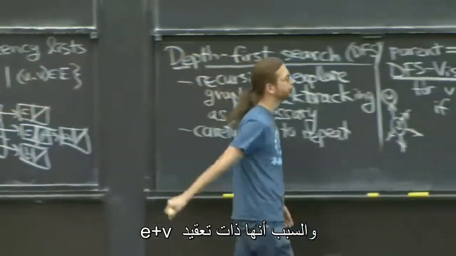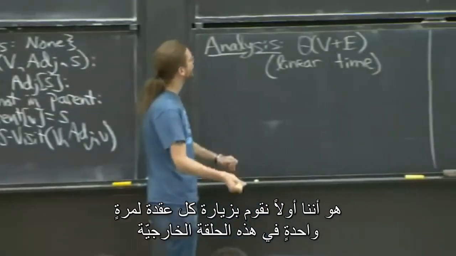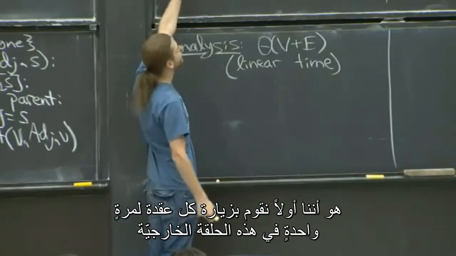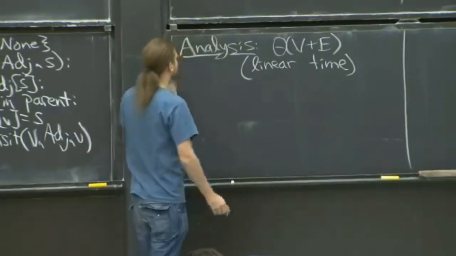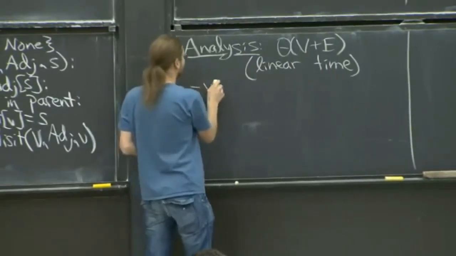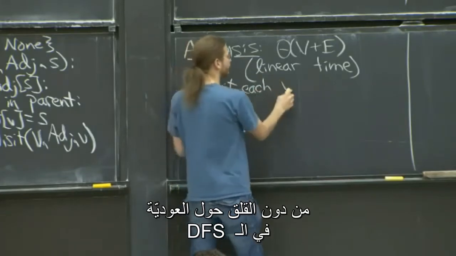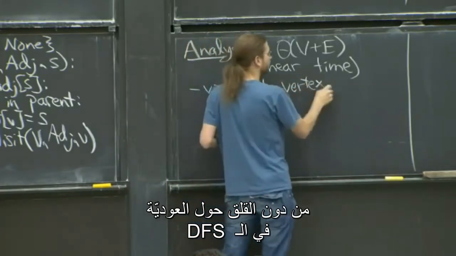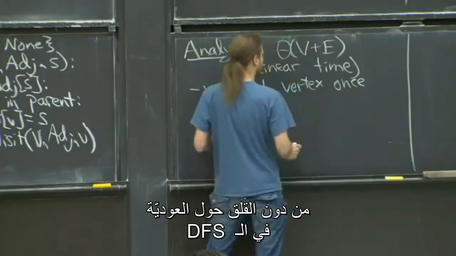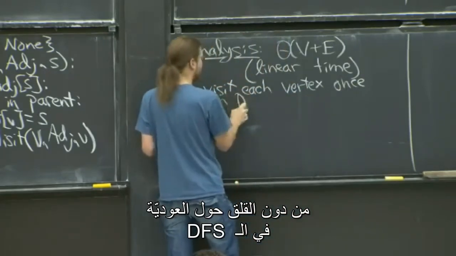The reason it's order V plus E is, well, first, as you were saying, you're visiting every vertex once in this outer loop, not worrying about the recursion in DFS alone.